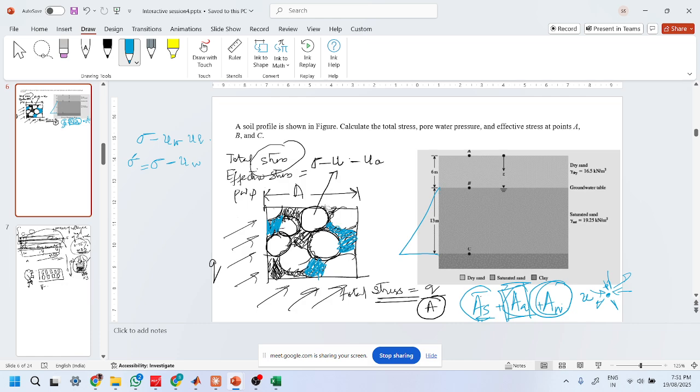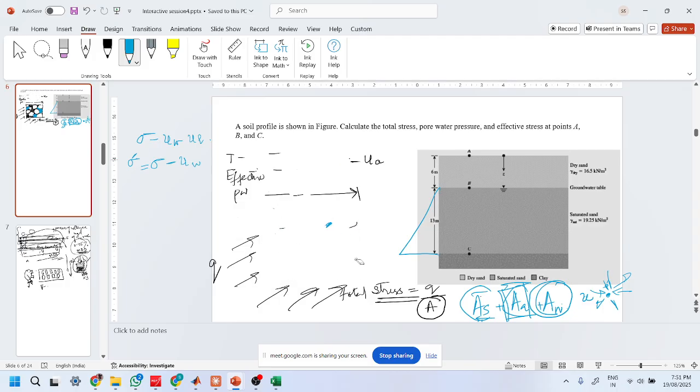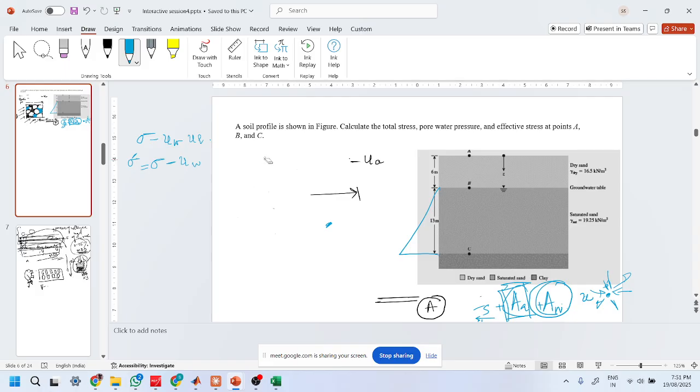Okay, so if you need to calculate this, from here, at A, let's say sigma total at A is 0, u is 0. Like this case.